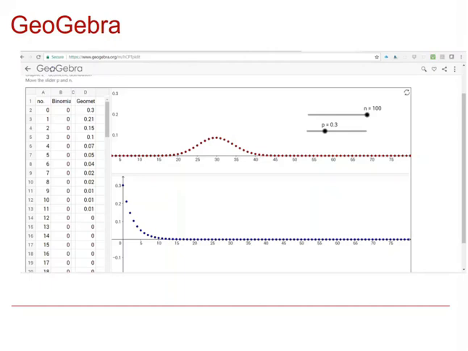Try it out for different values of p, and you'll see the symmetrical nature of the binomial distribution, which is the distribution in red at the top, for values of n even from 10 upwards, provided p isn't too extreme. And you can contrast that with the blue probabilities below for the geometric distribution, where you'll see that the distribution is very much skew and not symmetrical.